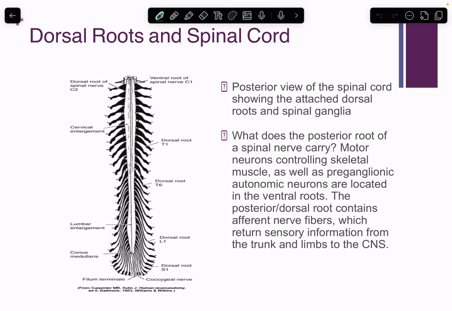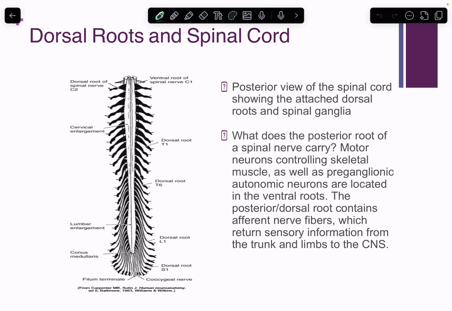So the posterior root exclusively carries sensory signals from the body to the spinal cord, providing essential information for sensation, balance, and the perception of potential dangers.